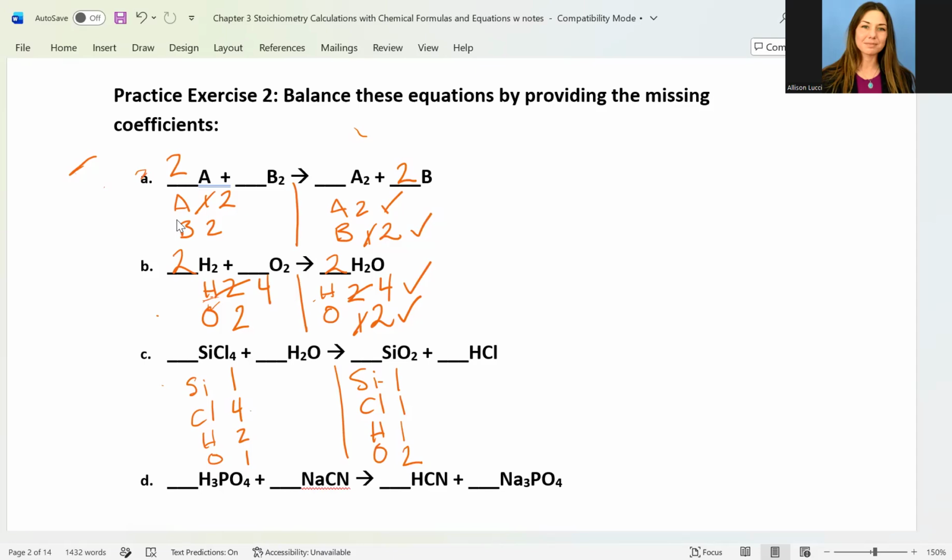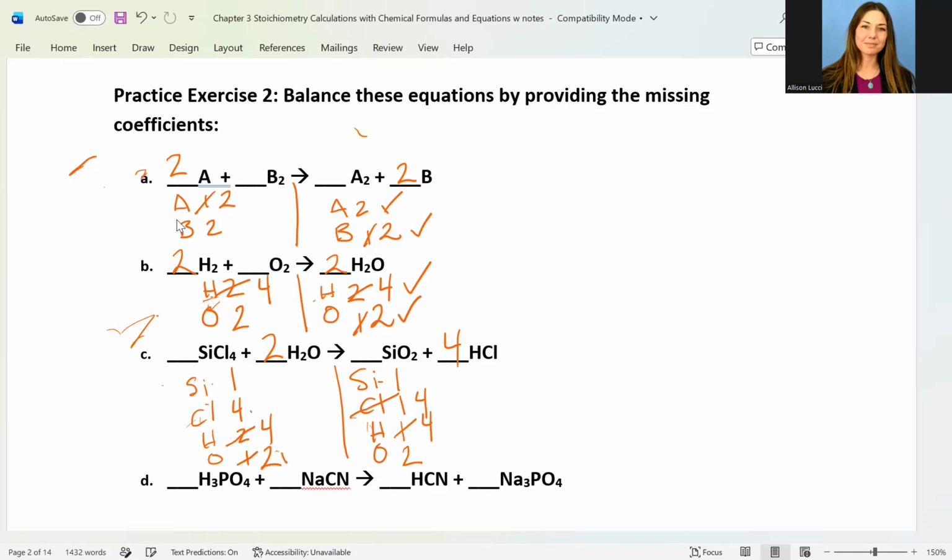But then when I get to the chlorine, I see that I need 4 of those. So I'm going to go ahead and put a 4 out front here. That will change this to be a 4 and my hydrogens to be a 4 on this side. Then I go back on this side and I see that my hydrogens are only 2 and they need to be 4. So let's add a 2 here. That will change this to a 4, and that also changed my oxygens to a 2.